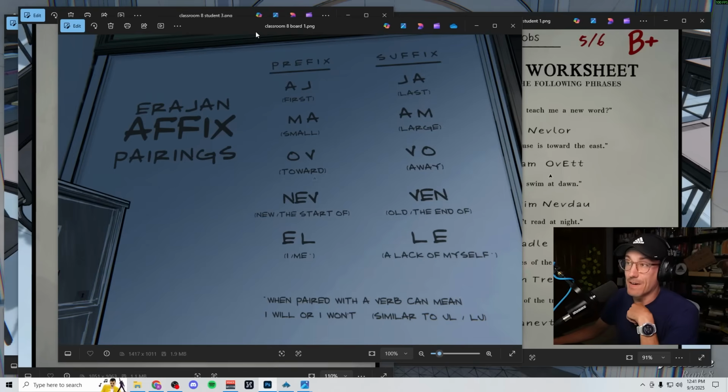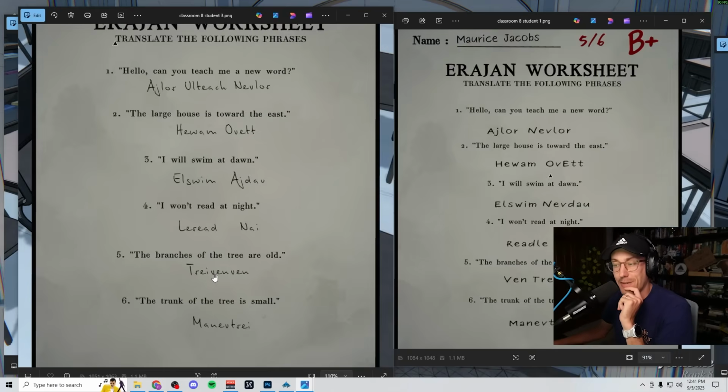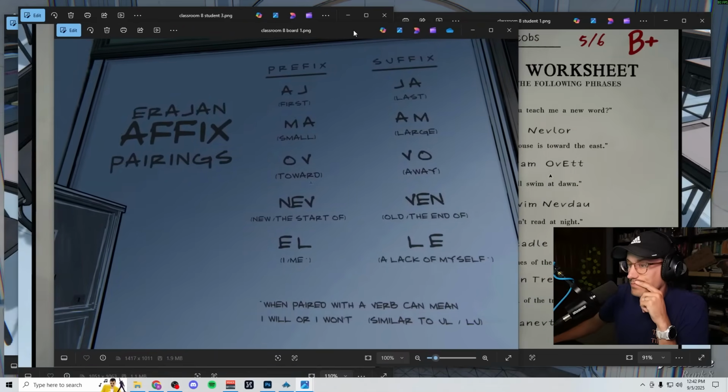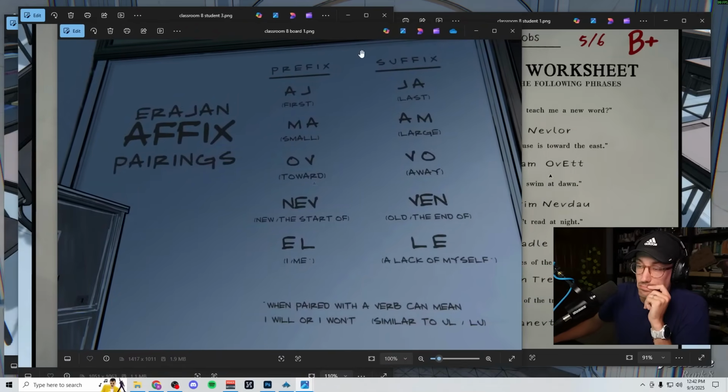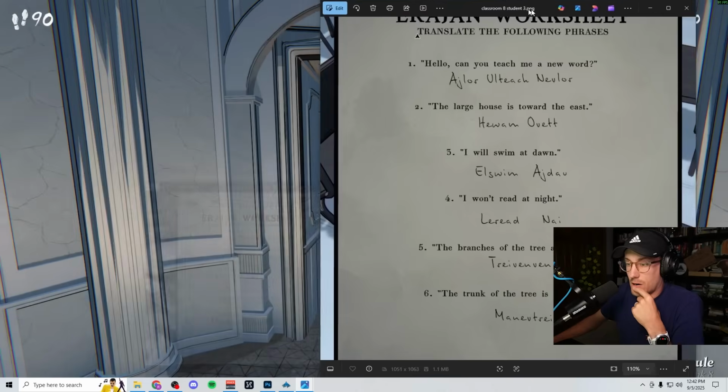I honestly think if I were answering this based on the very few things that I would know, I would say trevenven, which is treven means the end of the tree, but then you add another suffix to say the end of the tree is also old. But I don't know. It's certainly the one I feel least sure about so far.